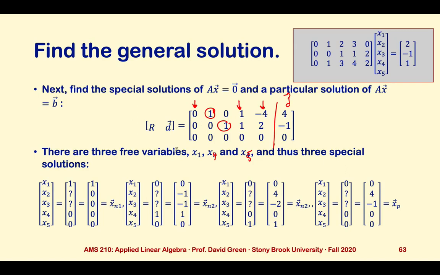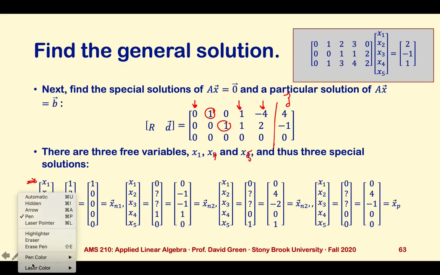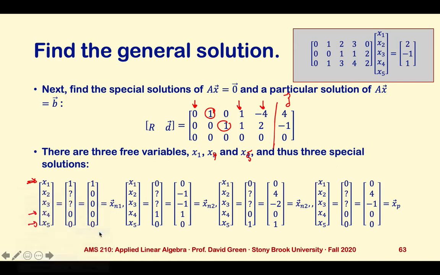3 free variables mean we will have 3 special solutions, but we generate them in the same way. We identify our 3 free variables, x1, x4, x5. We then set the first one to 1, x1 equals 1, and the others to 0.